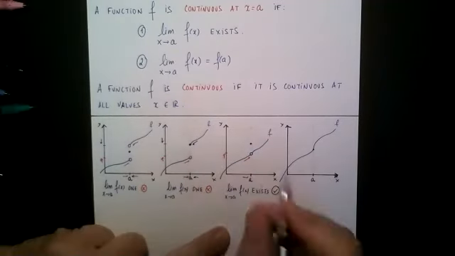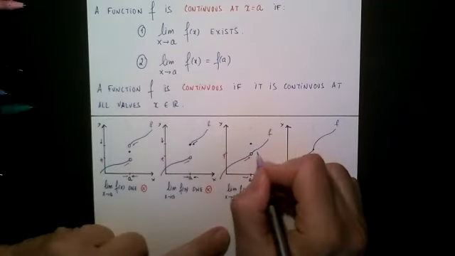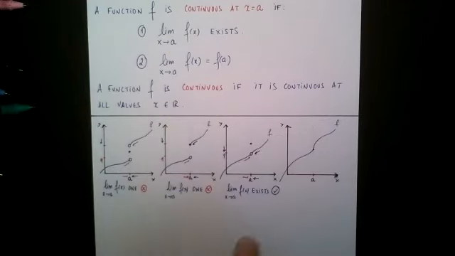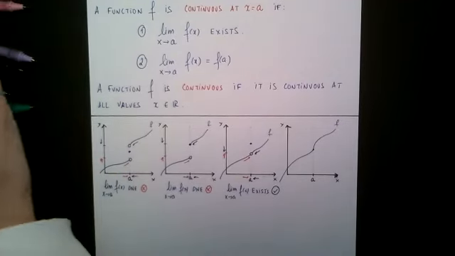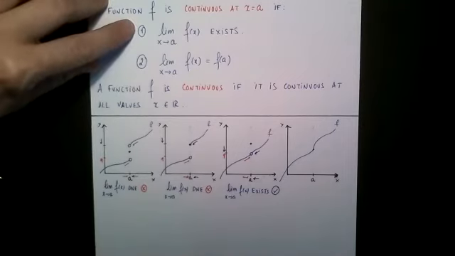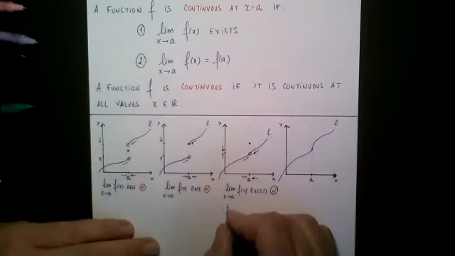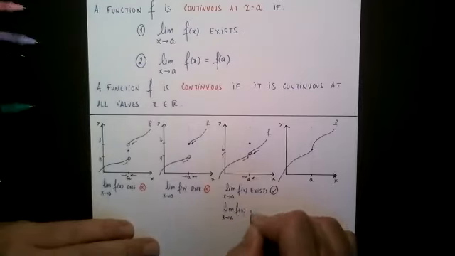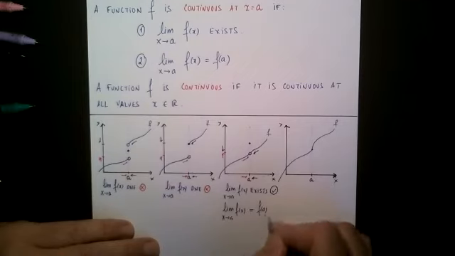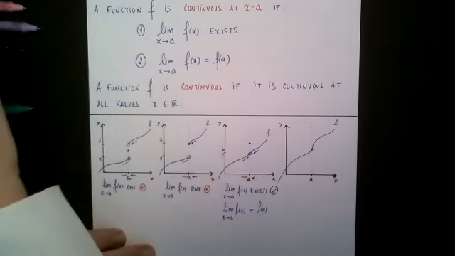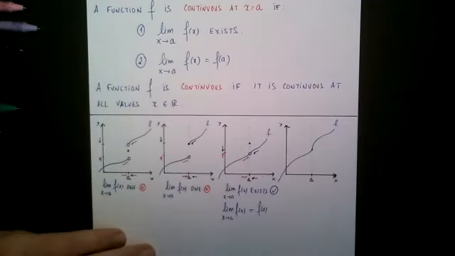And if I approach from the right, it's approaching the same place. So the limit exists. Now the second requirement, so the first is successful. Let's try the second one. Is the limit as x approaches a of f of x equal to f of a? No, because as you see, f of a is here.